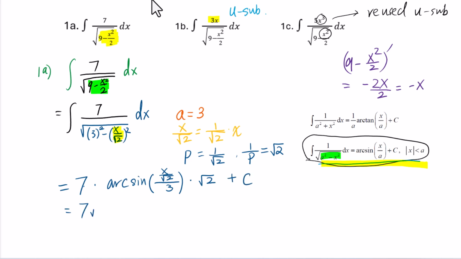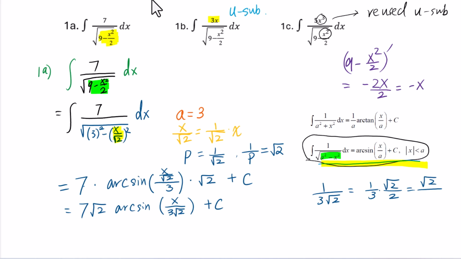Simplify: 7 square root of 2 arc sine of x over 3 square root of 2 plus c. For 1 over 3 square root of 2, let's simplify. Square root of 2 over 2 times 1 over 3 equals square root of 2 over 6. Final answer: 7 square root of 2 arc sine of (square root of 2 over 6) x plus c.